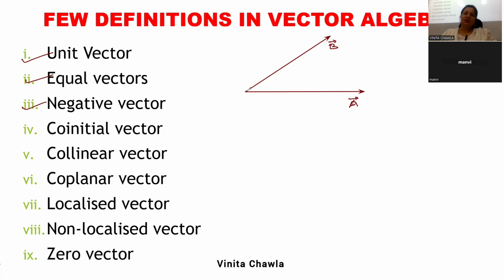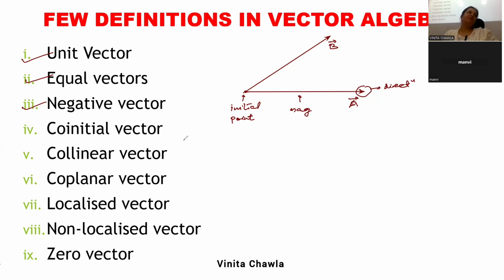This is the initial point of a vector. The length of the arrow represents the magnitude and the arrow represents the direction of the vector. And where it starts is the initial point or starting point of the vector. Both the vectors have the same initial point, so they are called co-initial vectors.